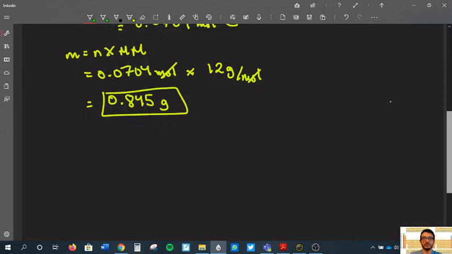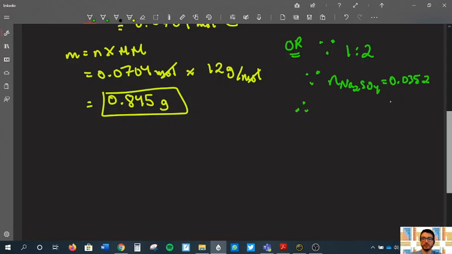An alternative to using the factor label method, when it's perhaps a simpler ratio, is a "since and therefore" statement. As long as you show your steps and your logic, you can say: since the ratio is 1 to 2, and since the number of moles of Na2SO4 is equal to 0.0352, therefore the number of moles of sodium sulfate times 2 is equal to the number of moles of carbon.